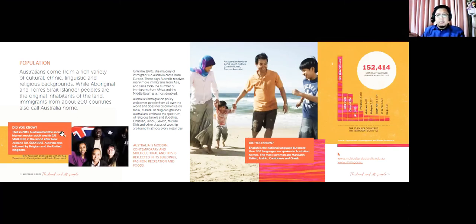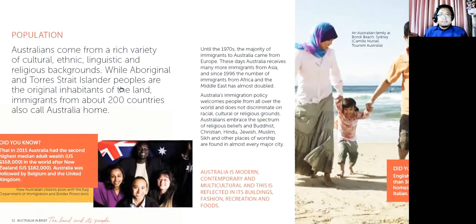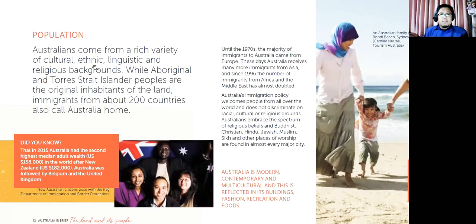In terms of the population, it says that Australians come from a rich variety of cultural, ethnic, linguistic, and religious backgrounds, while Aboriginal and Torres Strait Islander peoples are the original inhabitants of the land. Immigrants from about 200 countries also call Australia home.